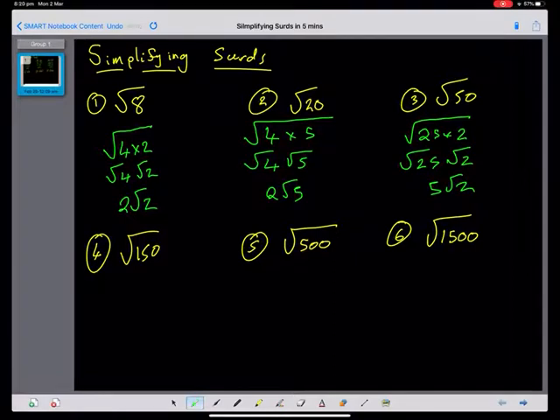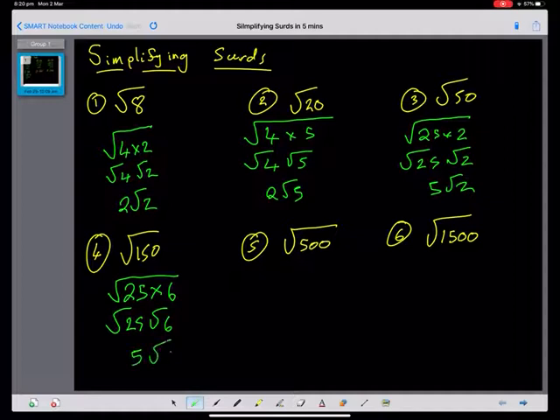We've got 150, so I'm going to say 25 multiplied by 6, and that is the root of 25 times the root of 6, which is 5 root 6.